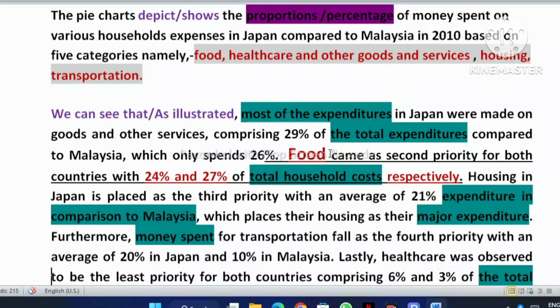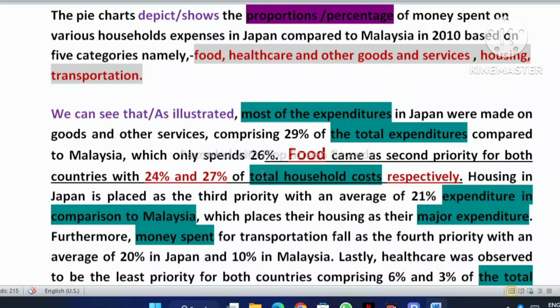Why I mentioned it this way: when we are talking about two things in the same sentence, we first write the noun, the name of the item that we are supposed to explain, food, electricity, whatever it is. Food came as second priority for both countries with 24% and 27% of the total household cost respectively.